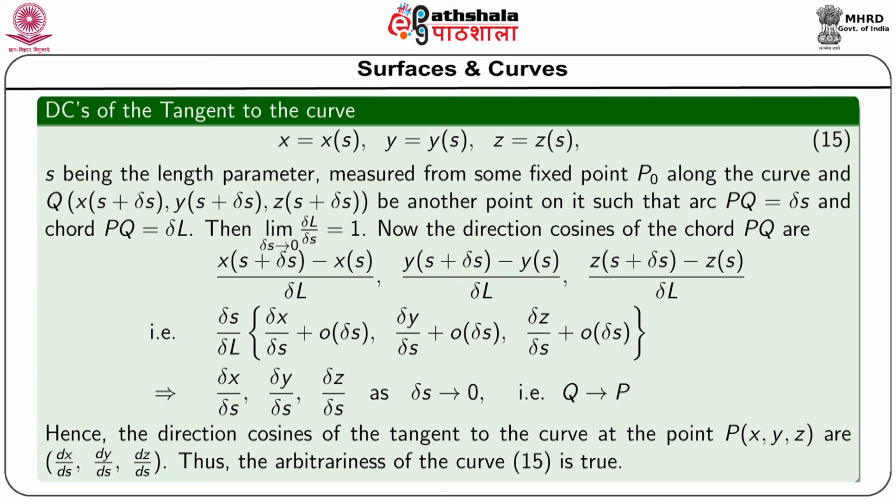Therefore, we can write the coordinates of Q in this form as Q: x(s plus delta s), y(s plus delta s) and z(s plus delta s).